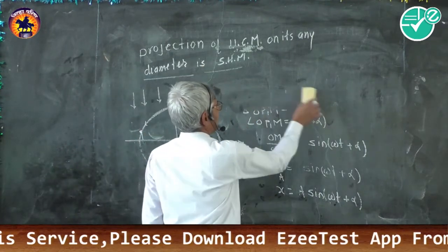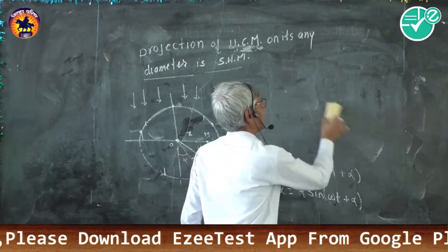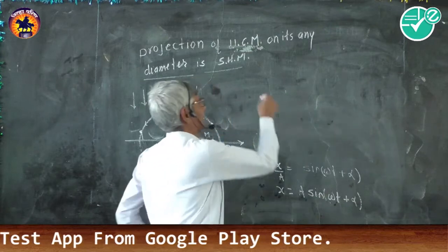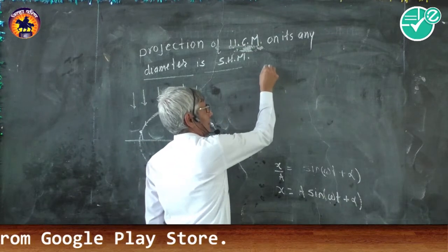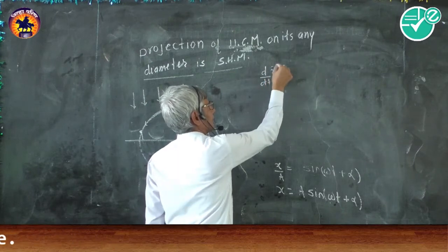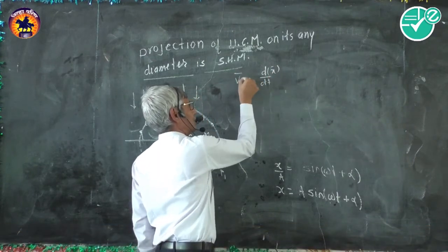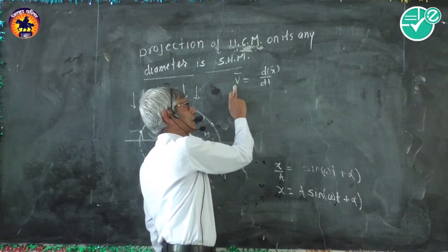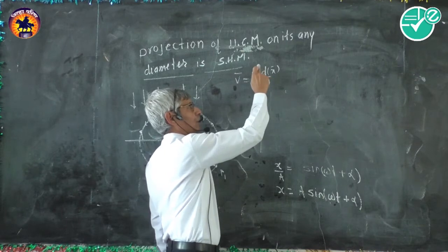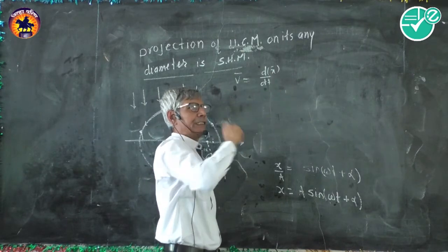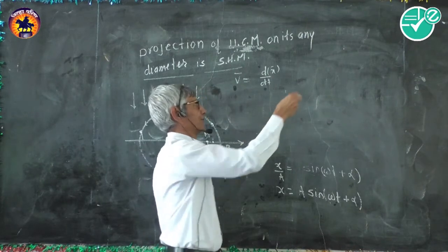Now, this equation of the displacement can be differentiated with respect to time. If we differentiate this equation with respect to time, we have the linear velocity of the projection. So, the linear velocity of the projection at any instant t is equal to the rate of change of linear displacement with respect to time, that is instantaneous linear displacement with respect to time.